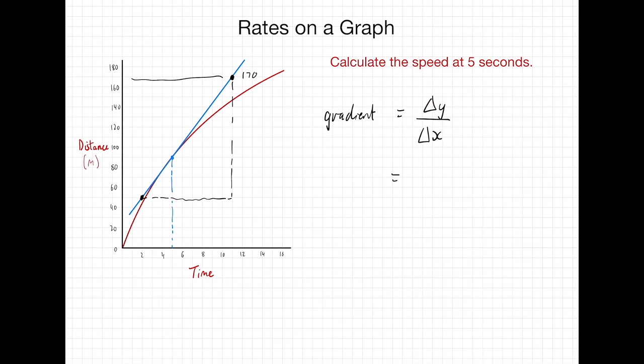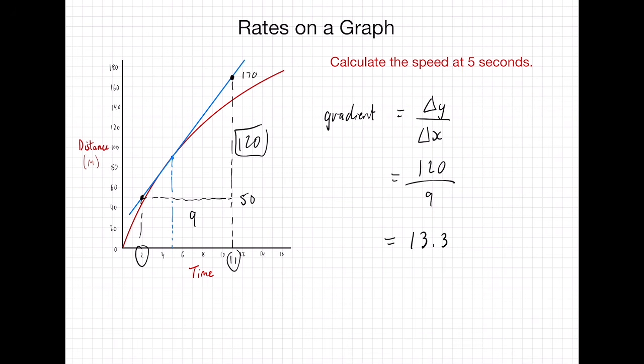I'm looking across here to the y-axis, by the way. And at the bottom it's going to be 50. So our change in y, 170 take away 50 is 120. And our change in x, you can see if we bring these two down, that's at 2, that's at 11. So that's going to be 9. And simply put that in the calculator, and we get roughly 13.3.